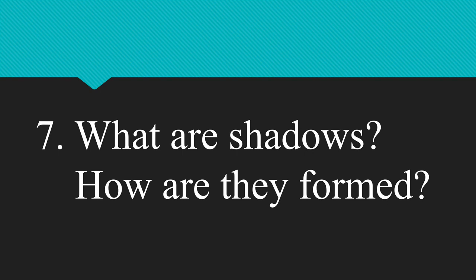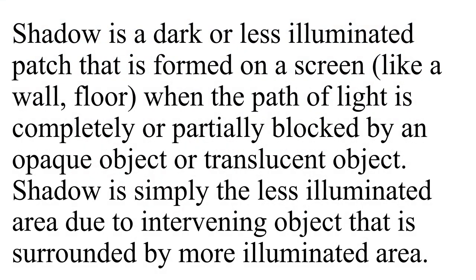Question number 7. What are shadows? How are they formed? Shadow is a dark or less illuminated patch that is formed on a screen, like a wall or floor, when the path of light is completely or partially blocked by an opaque object or at times translucent object.